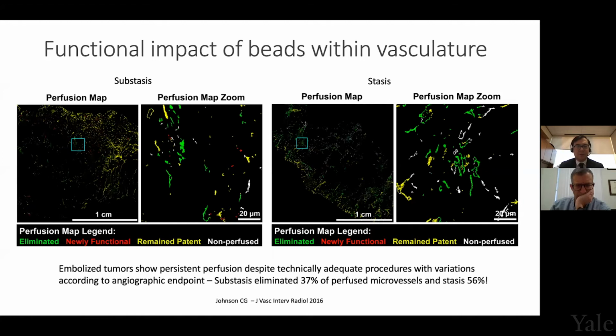So about 30% for substasis and 50% for stasis. So even after stasis, angiographically, you still have a vast amount of perfusion.